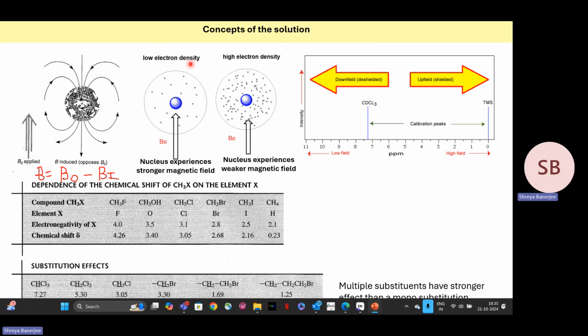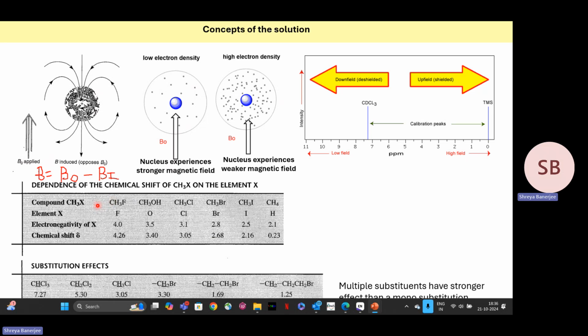So when electron density is low, induced magnetic field is low, so net magnetic field is high. Or if the electron density is high, then induced magnetic field is high. That makes the net magnetic field low. This is what is affecting the chemical shift.